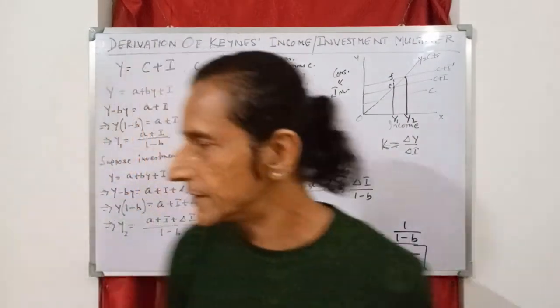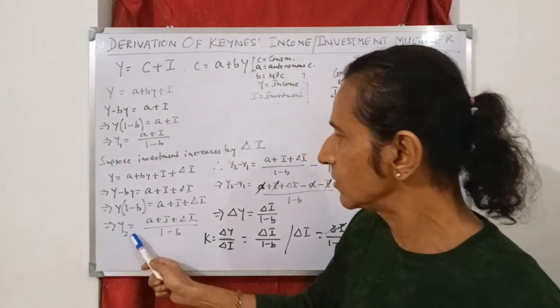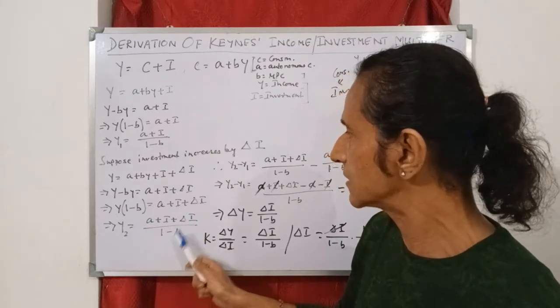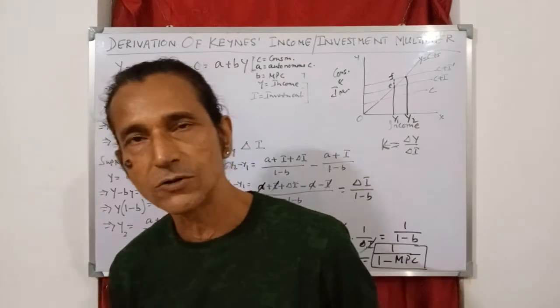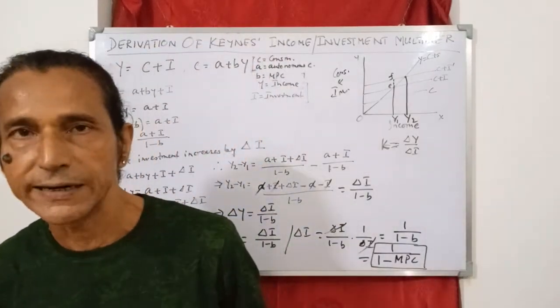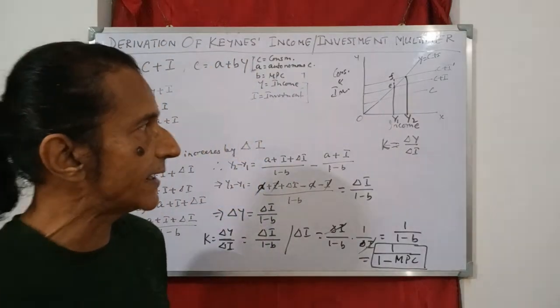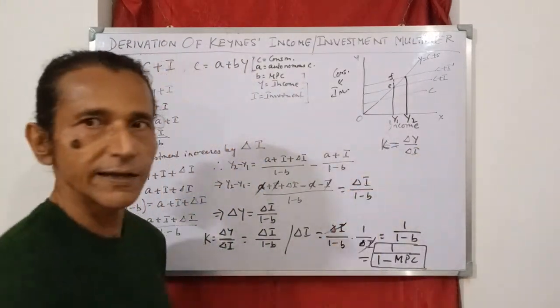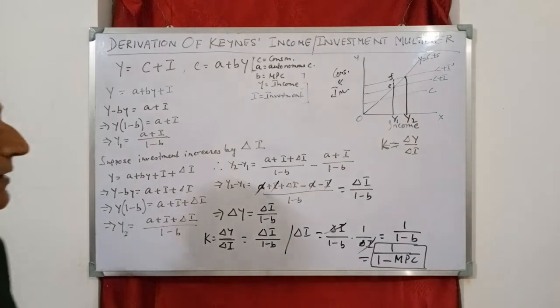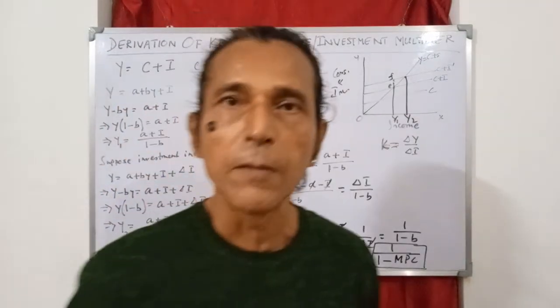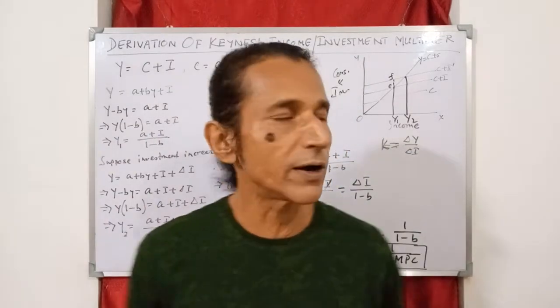So I have written here y2. So y2 equals a plus I plus delta I divided by 1 minus b. Now we have to find out delta y, that is y2 minus y1, because we know the value of multiplier k is delta y by delta I. And what is delta y? Delta y equals y2 minus y1, that is the income in year 2 minus income in year 1.